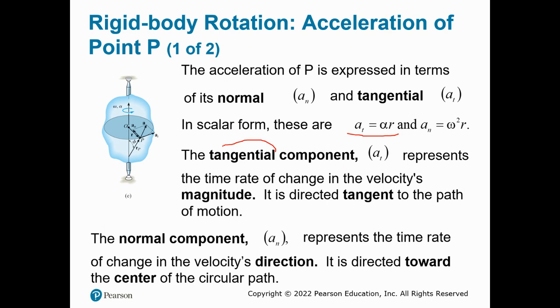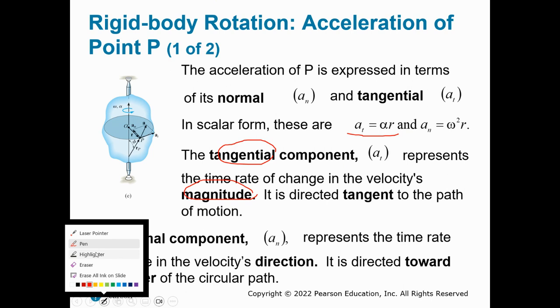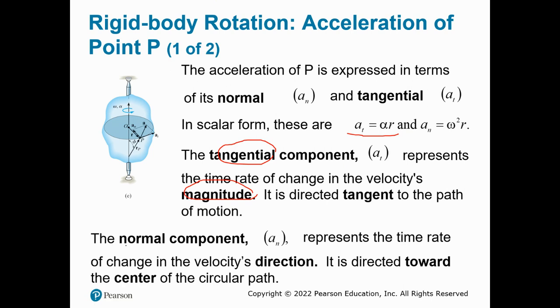It changes the magnitude and is directly tangent to the path of motion. The normal component an changes the direction, always directly toward the center of the circular path.